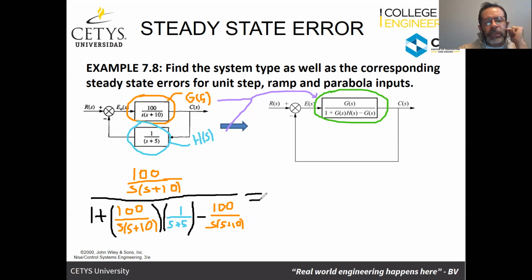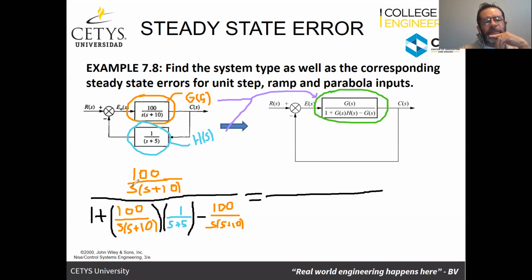So this is going to be equal to, let's do some quick simplification here. I'm going to multiply everything times S times S plus 10, and then we're going to do some simplification there to see if we can get something a little bit more manageable. Okay.